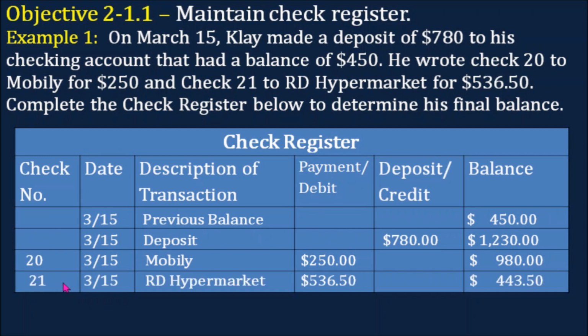So that's check 21 on March 15 to RD Hypermarket. The amount is $536.50. The amount is entered on the payment or debit column, and this amount again will be subtracted from $980. And the final balance here is $443.50.